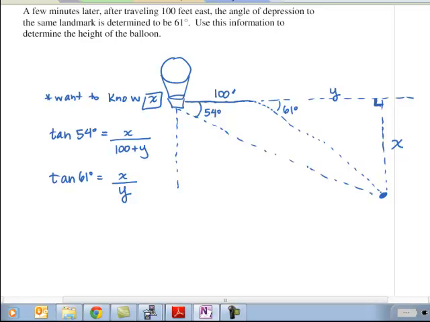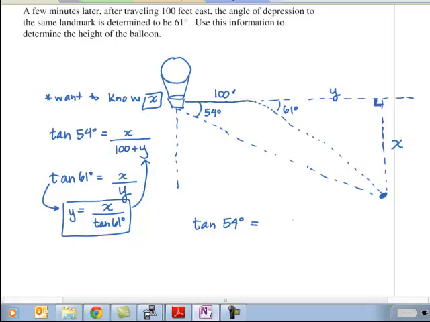So we could solve one of these expressions for y and substitute it into the other one. Probably the easiest one to solve for y would be right here. We could say y would be x divided by the tangent of 61. So we could solve that for y and then substitute that in here. Then we have the tangent of 54 degrees is x divided by 100 plus x divided by tangent of 61 degrees.